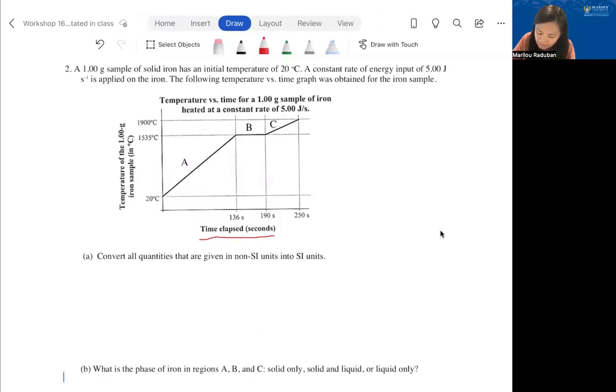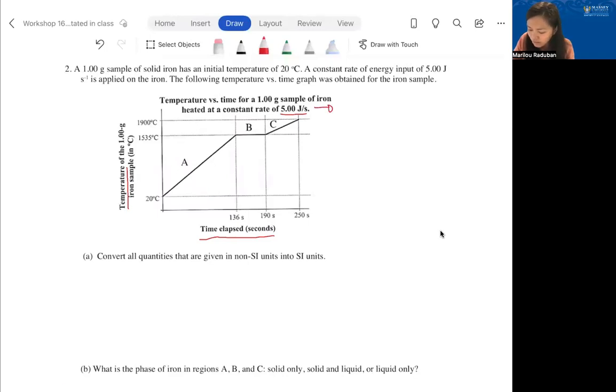The y-axis is still temperature, which is the same as what we've seen in the lecture. The x-axis is given in time because we are given the rate at which heat is being added to the iron sample. So heat is added at 5 joules per second.